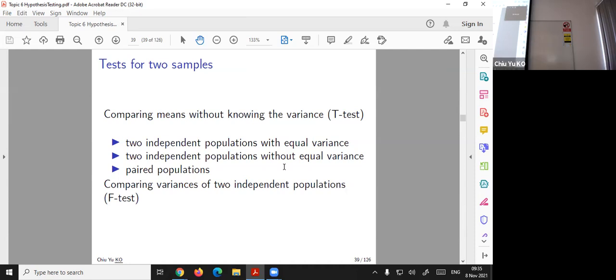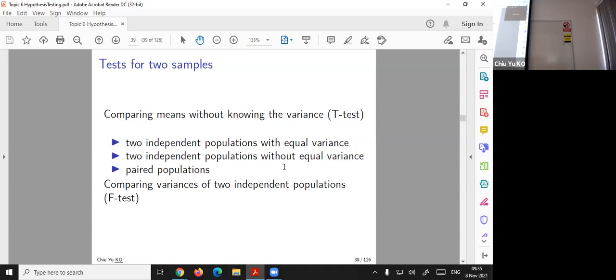And the last thing we cover is if they are paired. Okay, if they are paired, look at the difference, right? The difference will basically be one sample, because it is the difference between two things, before and after, on the same subject, the pair, so basically the same identity. Okay, so they are closely related, so you take a difference.